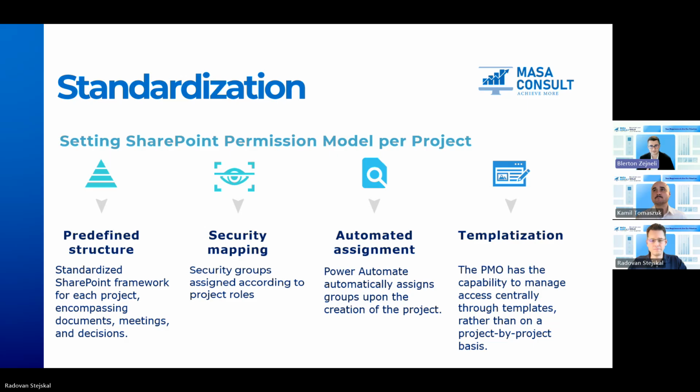So access is not managed manually on every folder, but instead we always define security groups that are mapped to project roles, such as project managers, core team, leadership, and so on. As Camille was showing, the project owners or managers are usually the owners of the channels and the SharePoint spaces.